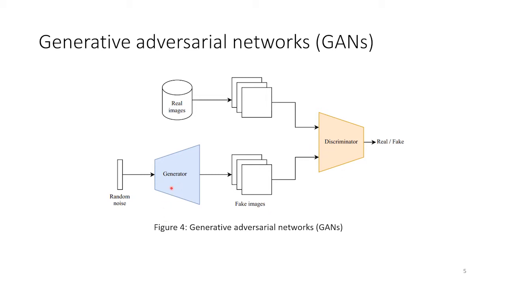You have a generator which takes random noise and generates fake images. Then we have the second network, which is a discriminator. It learns to distinguish between fake and real images coming from a dataset. These two networks are trained in parallel. After the training, both of them are very well trained, which means that the generator should be able to generate very real-looking images, while the discriminator can detect the fake images very well.